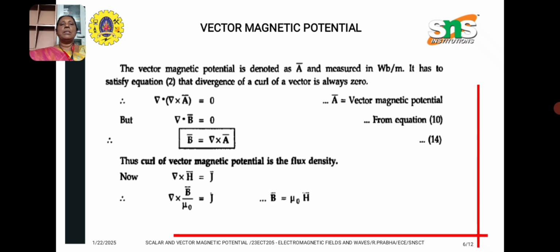The curl of vector magnetic potential gives flux density.